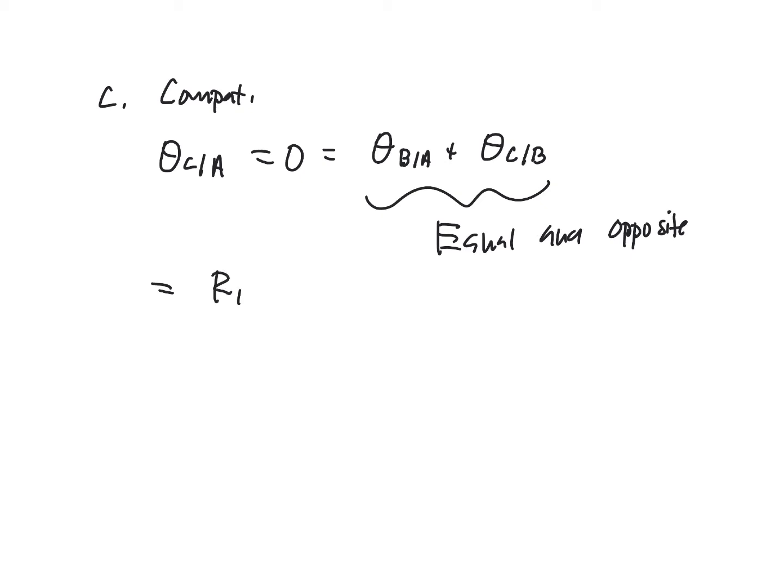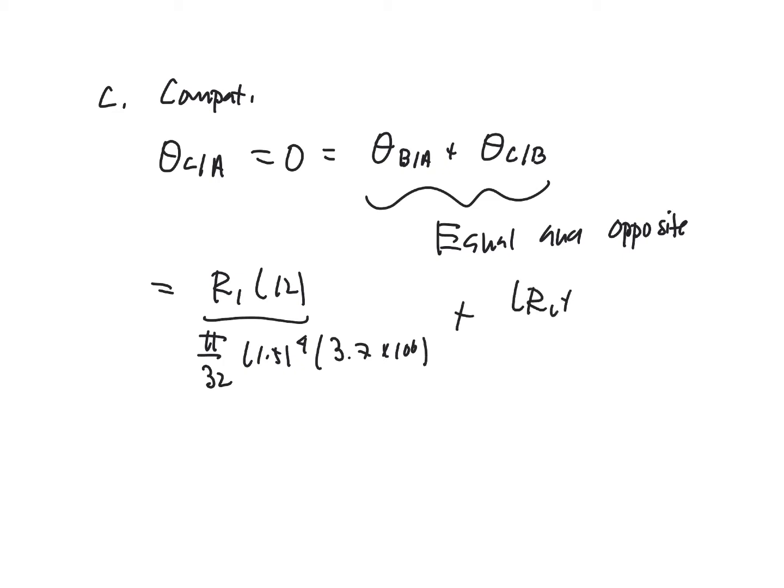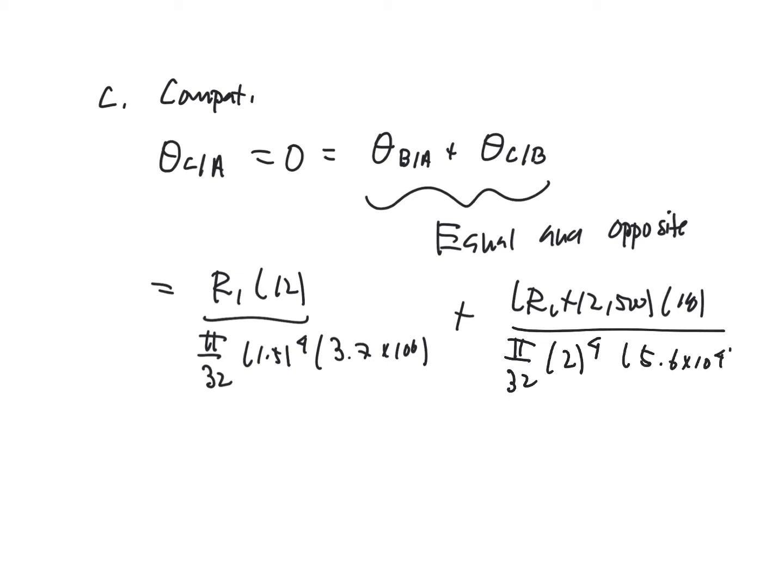That's going to be R1 times 12 divided by pi over 32, 1.5 to the 4th times 3.7 times 10 to the 6th, plus the theta of C relative to B. That's going to be R1 plus 12,500 times that length, which is 18, divided by its J, pi over 32, times 2 to the 4th, times 5.6 times 10 to the 6th. And that all has to be equal to 0.